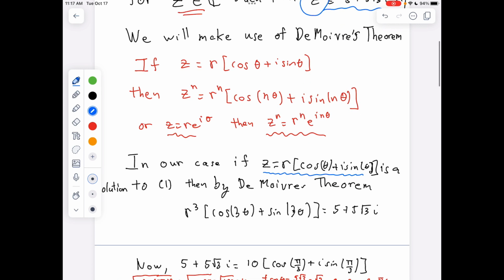Again, we're assuming the solution looks like this in polar form, and if it's a solution, raising it to the third power gives you the number, so this has to equal that.